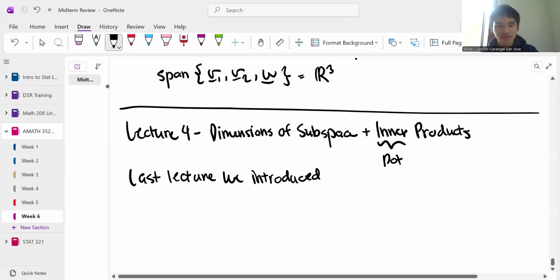So we introduced a formal definition of a vector space.